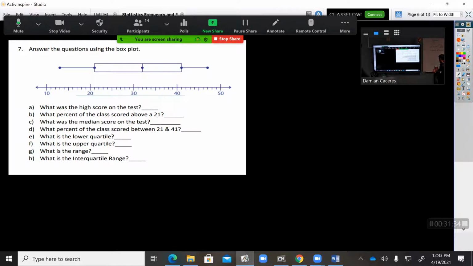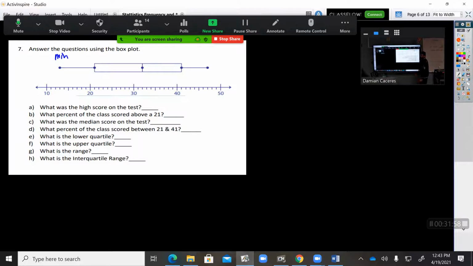So on number 7, this is something you should be familiar with already. We did this last week. Now here, you get to see how this relates to frequency tables and stem and leaf plots. So first of all, let me label up top what you already know these things represent just to make it quicker when we review.